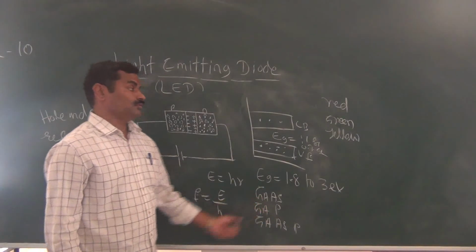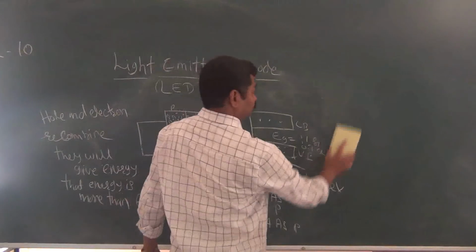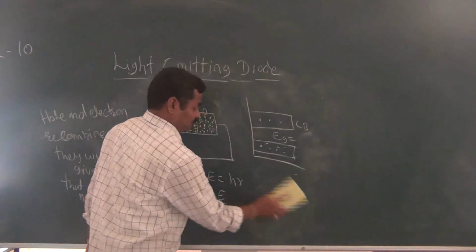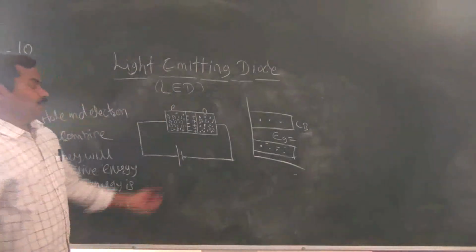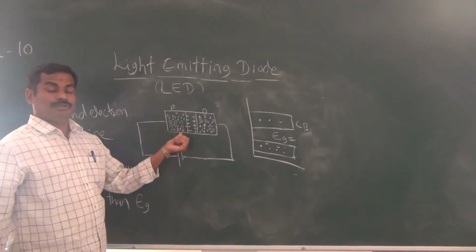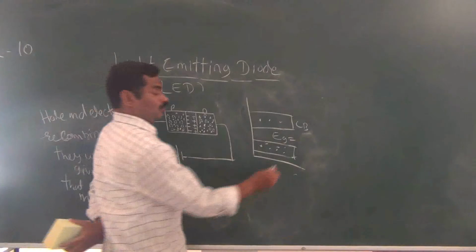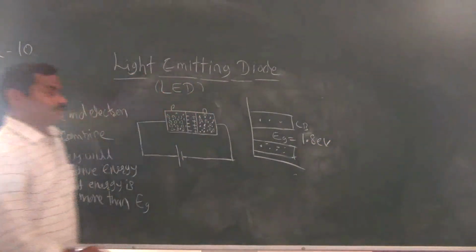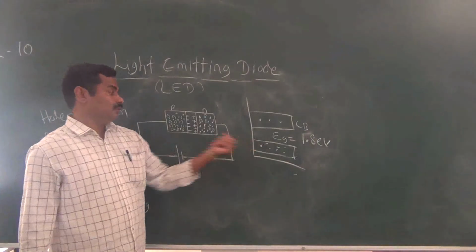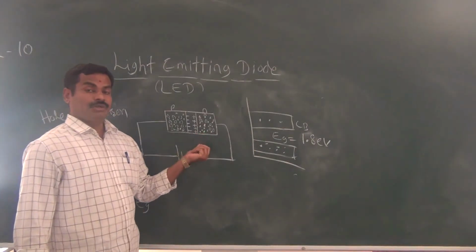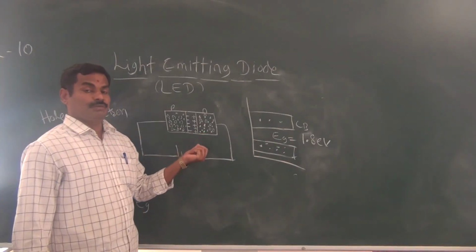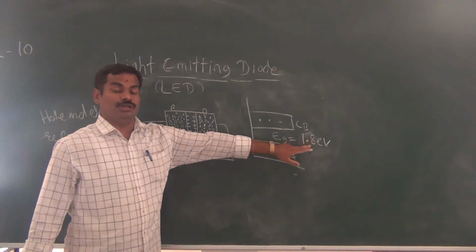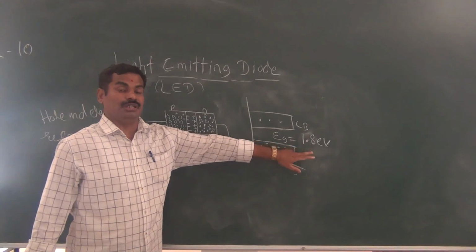One important thing to keep in mind: the semiconductor you use here should have an energy gap of nearly 1.8 to 3 electron volt, as gallium arsenide, gallium phosphide, and gallium arsenide phosphide do.